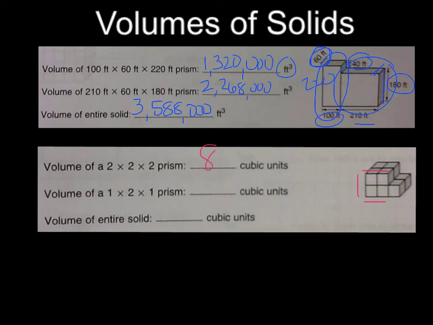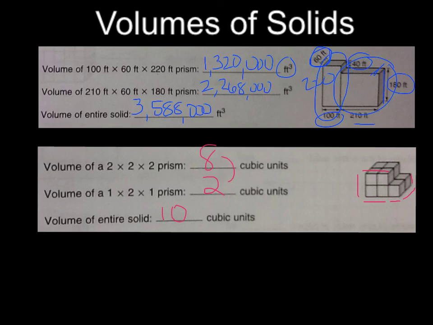Next, we're going to find the volume of the 1 by 2 by 1 prism. It is 1 unit long, 2 units wide, and 1 unit tall. 1 times 2 times 1 is 2. So the total of this entire figure is 10 cubic units because 8 plus 2 equals 10.